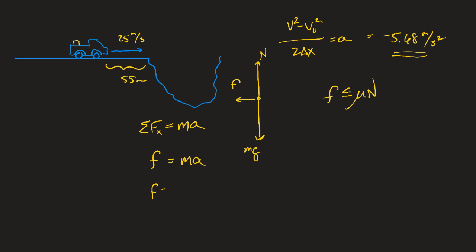So friction has to equal m times 5.68. I don't have to put the negative sign in there because I'm going to deal with this formula where I strip away all the direction stuff. So m times 5.68 has to be less than or equal to mu times normal force, which is just the balance of the weight, mg.